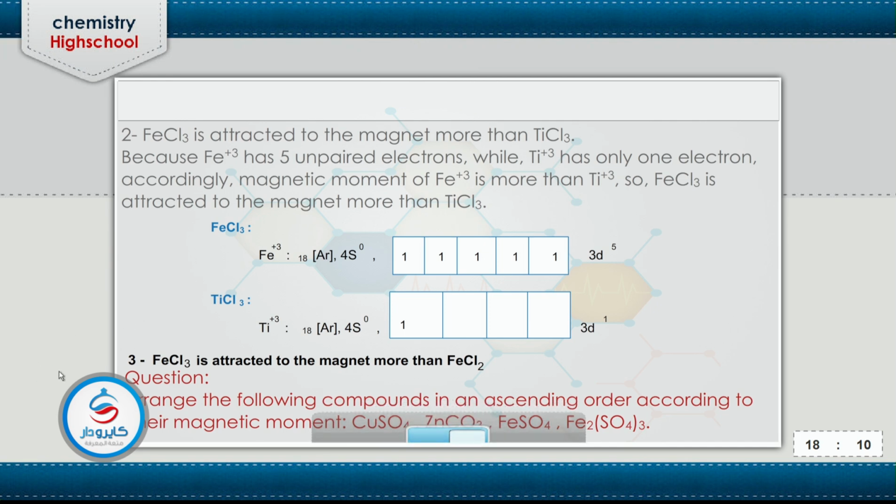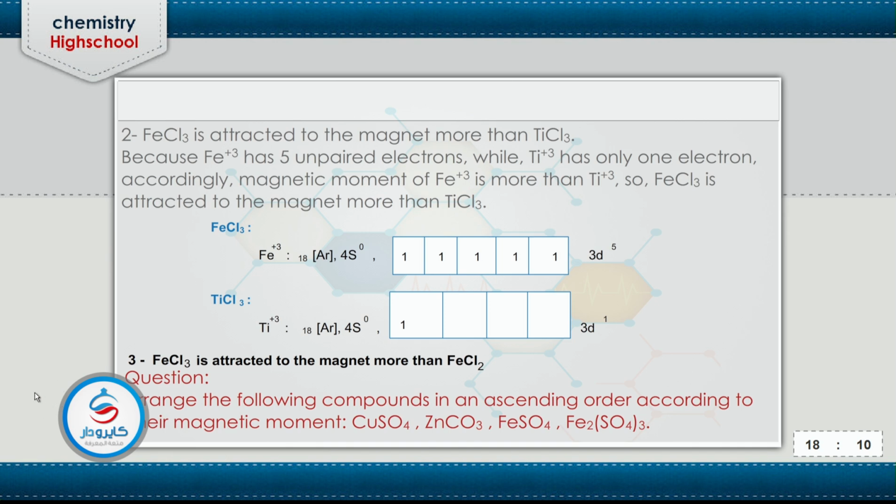There is here a question. Arrange the following compounds in ascending order according to their magnetic moment: cupric sulfate, zinc carbonate, ferrous sulfate, ferric sulfate. To answer this question, we determine the ion of each compound.